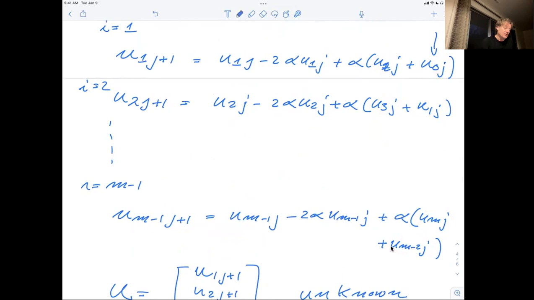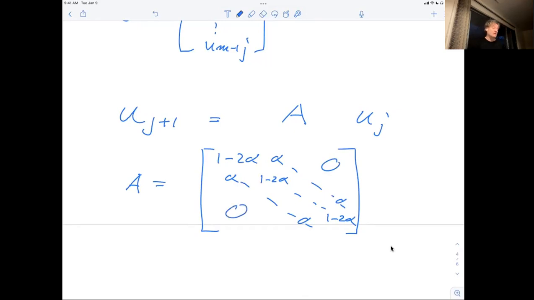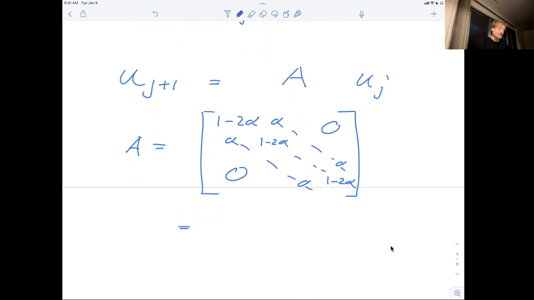So we can actually rewrite this now in terms of a matrix which has 1 minus 2 times alpha along the diagonal, and the non-diagonal elements are going to be alpha. So we will have 1 minus 2 times alpha along the diagonals, and then an alpha, an alpha. So these are all going to be equal. And then we will have zeros elsewhere. And we can rewrite this in terms of the identity matrix.